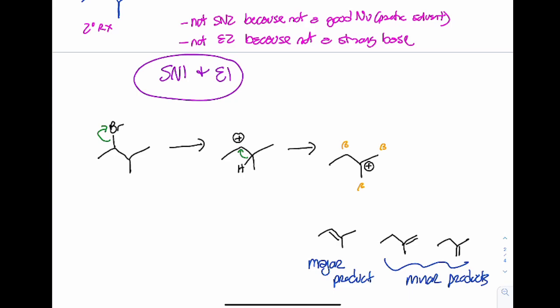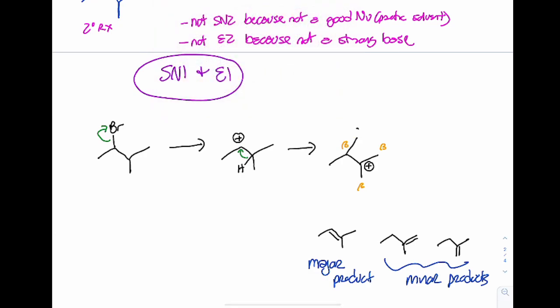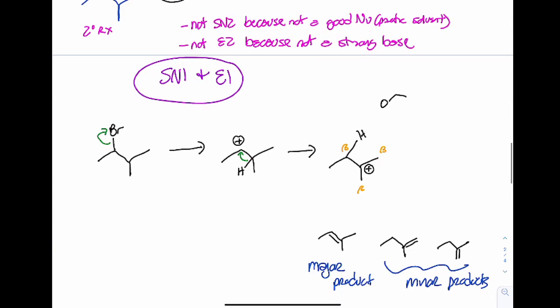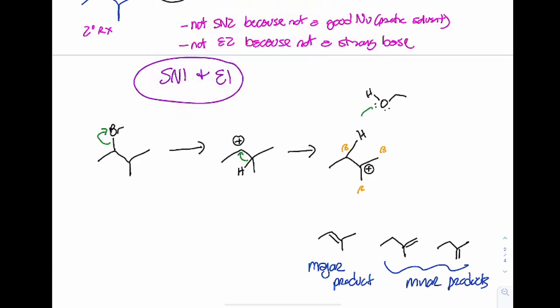We need to finish the mechanism to get to that product. So let's do that real quick. So I'm going to draw one of those hydrogens out. And then we're using this alcohol, right? It does have 2 lone pairs on it. So we're going to grab just the proton this time. The electrons between the proton and the carbon are going to go down to make my double bond.